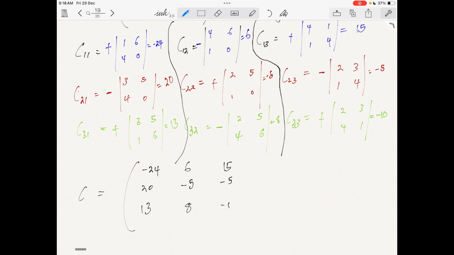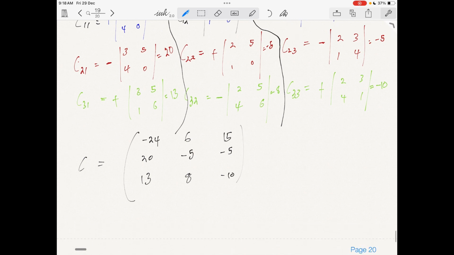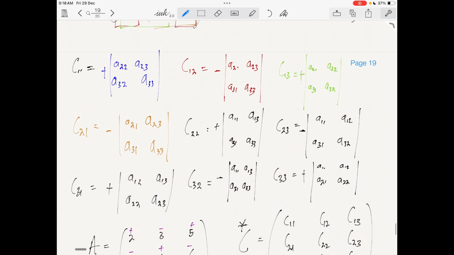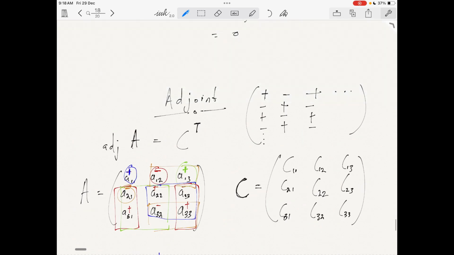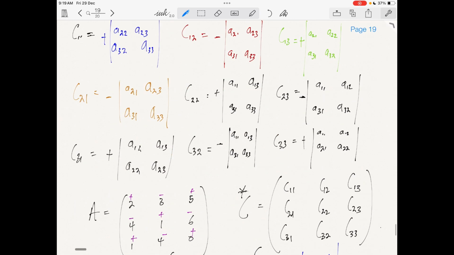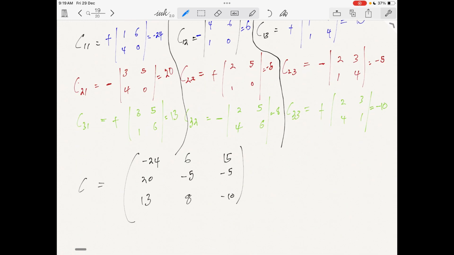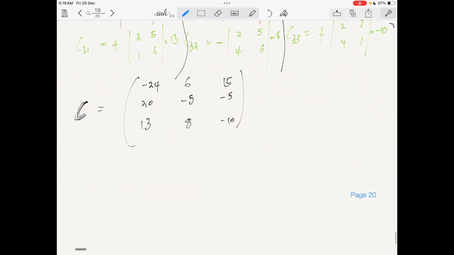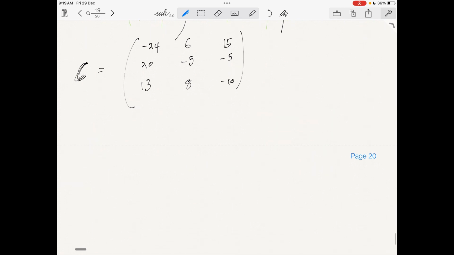Having done that, we will now go back to the formula of the adjoint of a matrix. The adjoint of a matrix is the transpose of the cofactor matrix. So adjoint of A is equal to the transpose of this cofactor matrix.